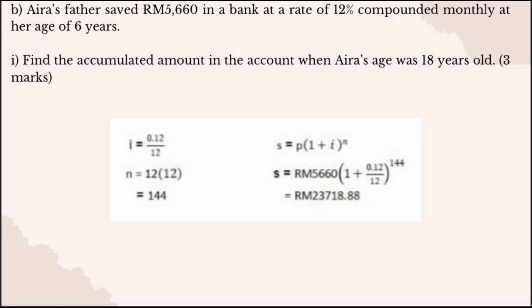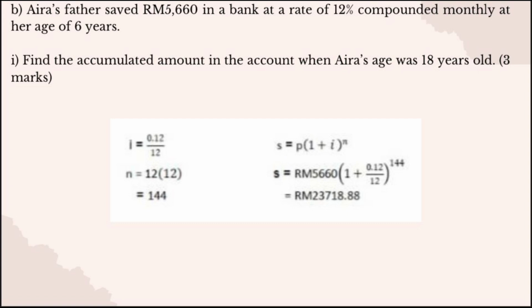Next, using the formula for finding N, M is 12 and also T is 12 because from 6 years old to 18 years old, the total is 12 years. And N is 144. Using the formula stated above, S equals to P is 5,660, 1 plus I which is 0.12 per 12 and N is 144.